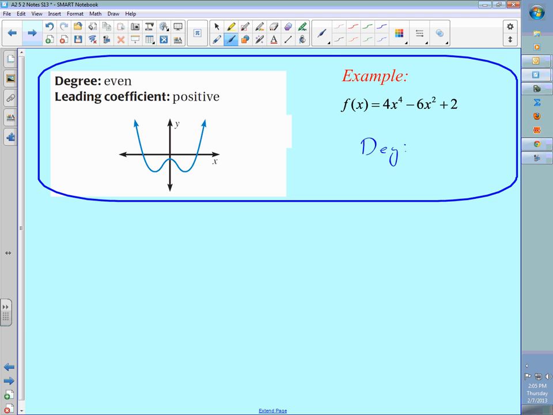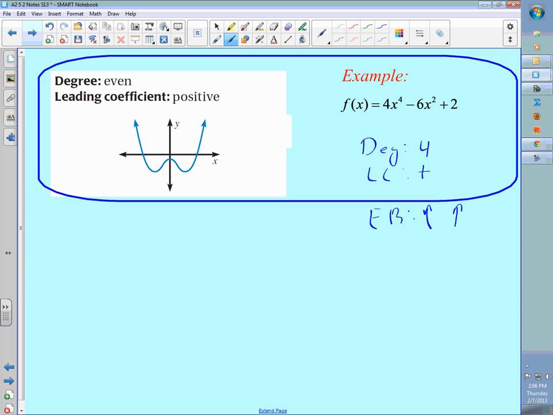Degree? 4. Leading coefficient? Positive. End behavior has to be up and up. That's all. I don't need the wiggle, just the end behaviors. Start making that list: degree, leading coefficient, end behavior.